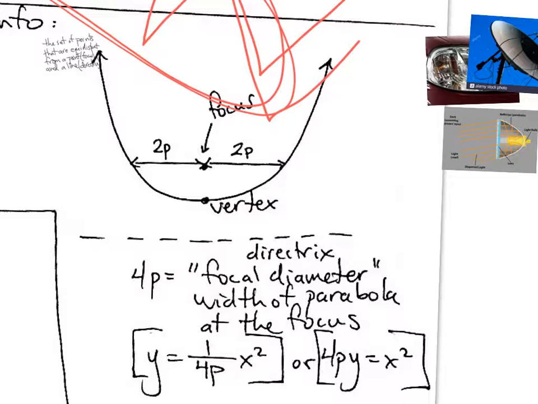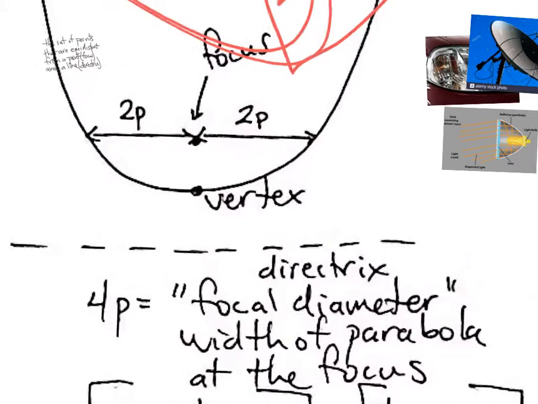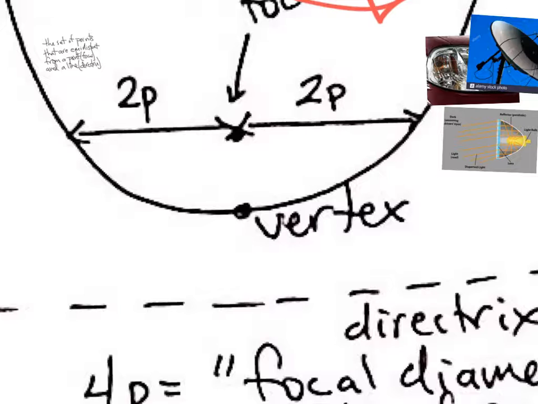So the general form of the equation of a parabola is y equals 1 over 4p times x squared, where p is the distance from the vertex to the focus. And p is also the distance from the vertex to the directrix, which it would have to be because this is the same distance as this.